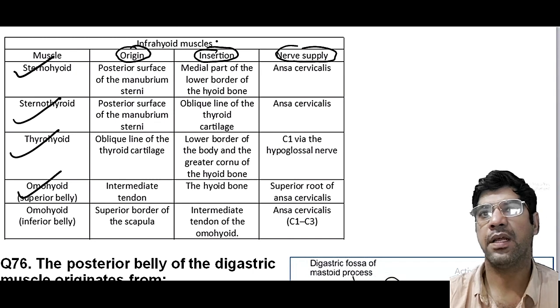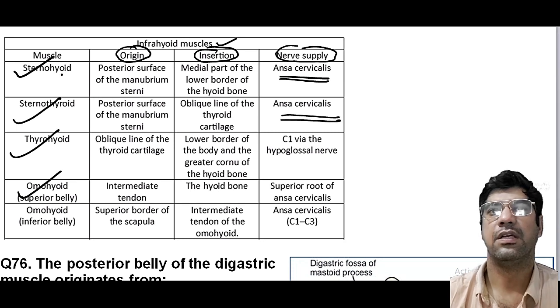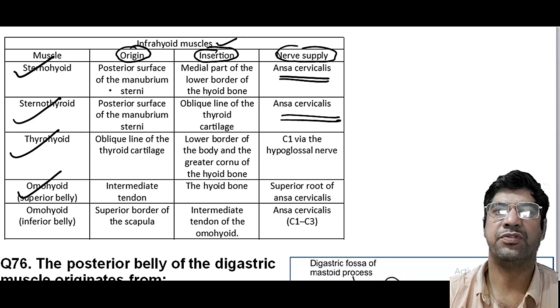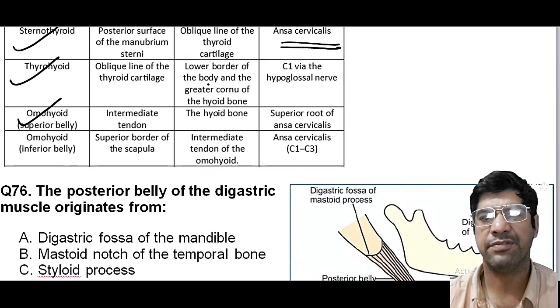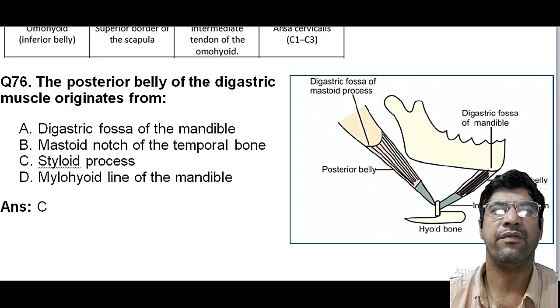The infrahyoid muscles are supplied by the ansa cervicalis. The sternohyoid muscle: origin is from the posterior surface of the manubrium sterni and insertion is into the medial part of the lower border of the hyoid bone. So remember the origin, insertion, nerve supply, that's very important from your exam point of view.